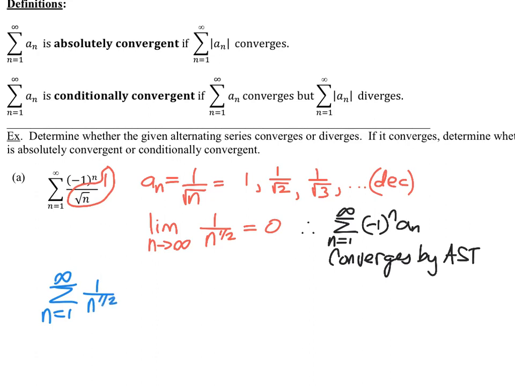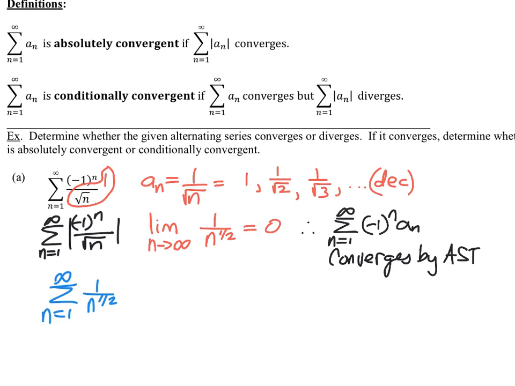All right, I'll show the intermediate step just for this one case: the sum from n equals 1 to infinity of the absolute value of negative 1 to the nth over the square root of n. Really, if you think about it, the absolute value is not going to impact the radical because n's got to be positive based on the bounds of the summation.